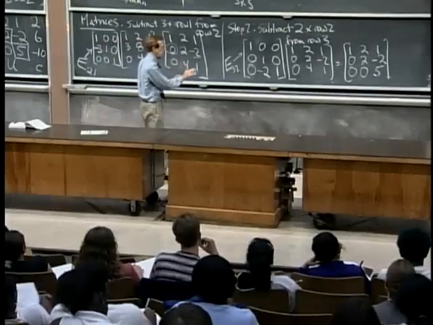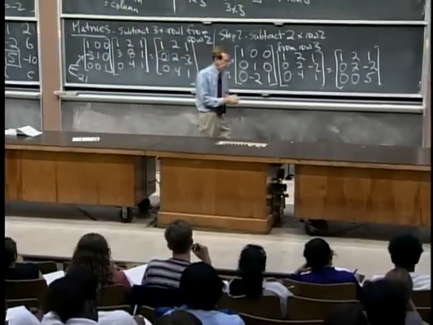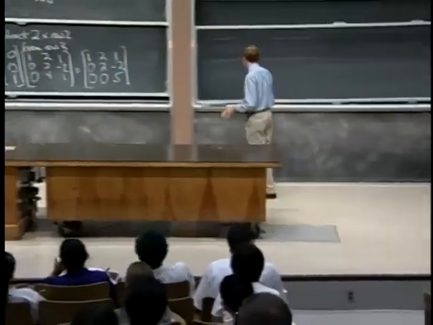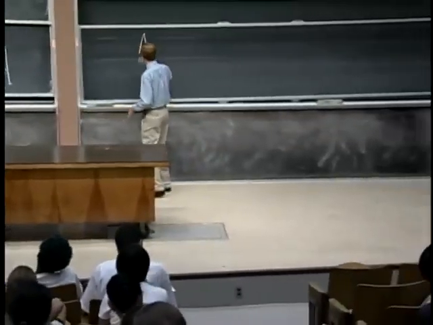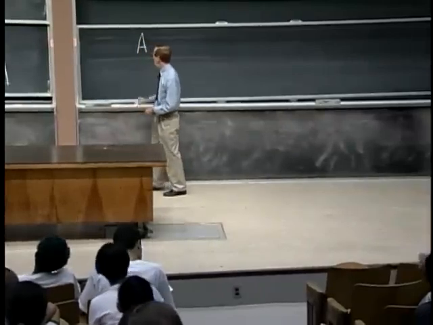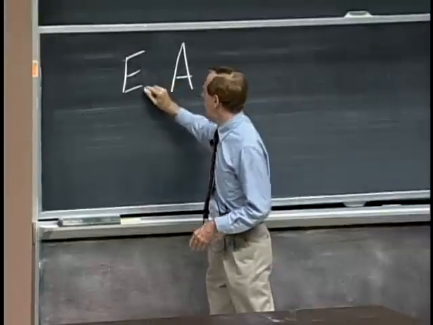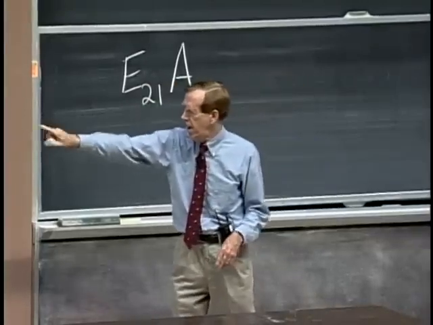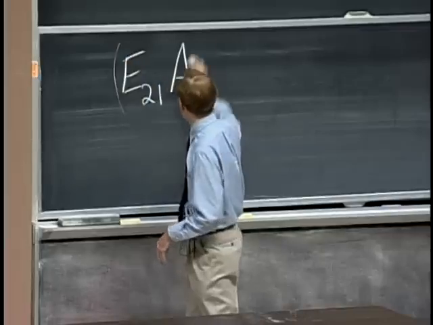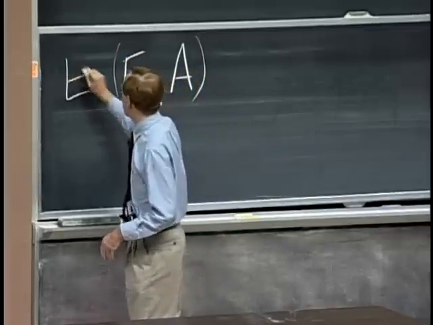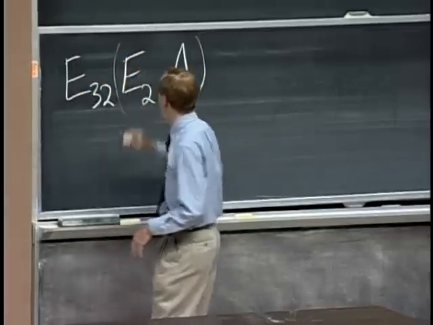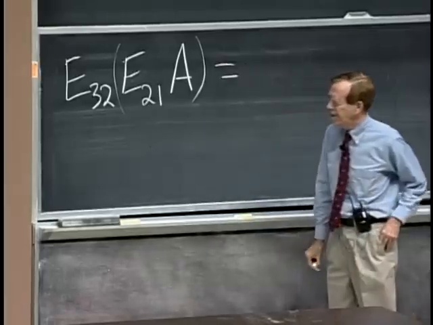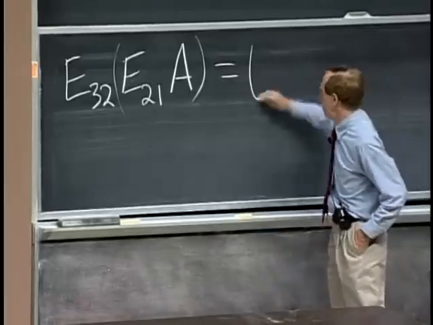So now I'm going to express everything we did today so far on A. We started with A, multiplied it by E21, that was the first step, and then multiplied that result by E32, and that led us to this thing, and what was that matrix? U.